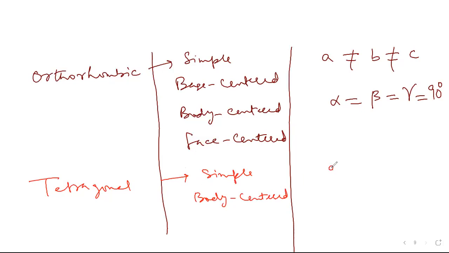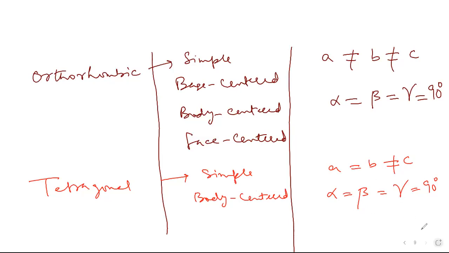Unit cell characteristics are a equal to b, not equal to c, alpha equal to beta equal to gamma equal to 90 degrees. So for tetragonal, two possibilities, simple and body centered, two sides equal in the unit cell, third is not equal, all three angles equal to 90 degrees, right?